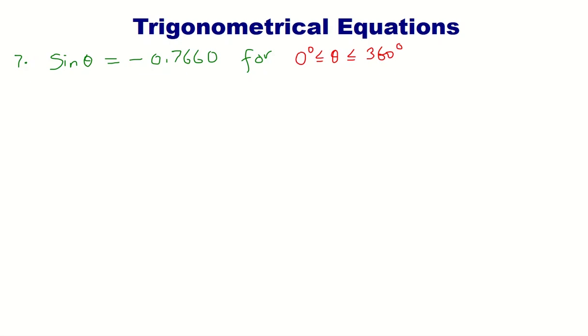Number 7. Sine theta equals negative 0.7660. We go on the same procedure, find theta as the sine inverse of 0.7660.